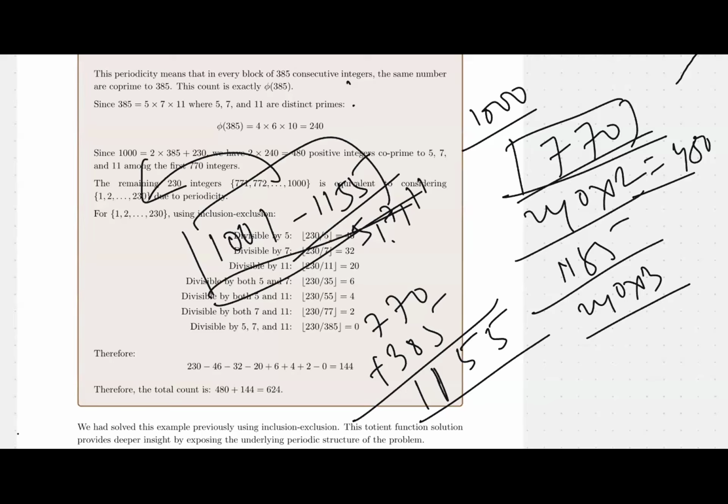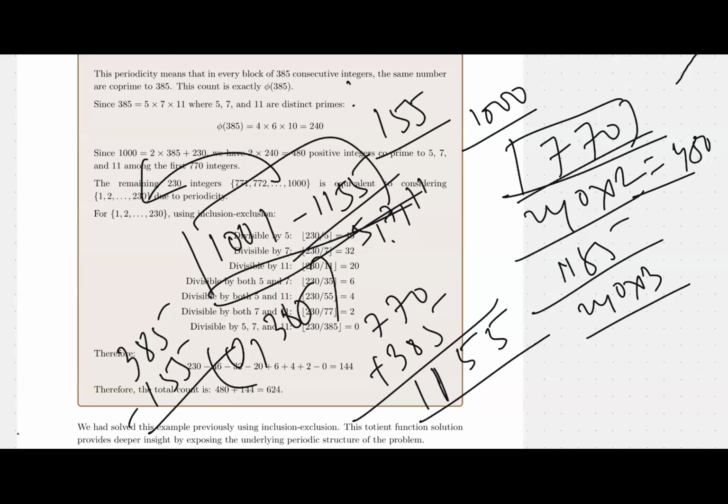So we can do 385 minus 155, right? Because it's a shift, we can bring it in the range of 0 to 385. You understand what we are saying? No, sir. Okay.